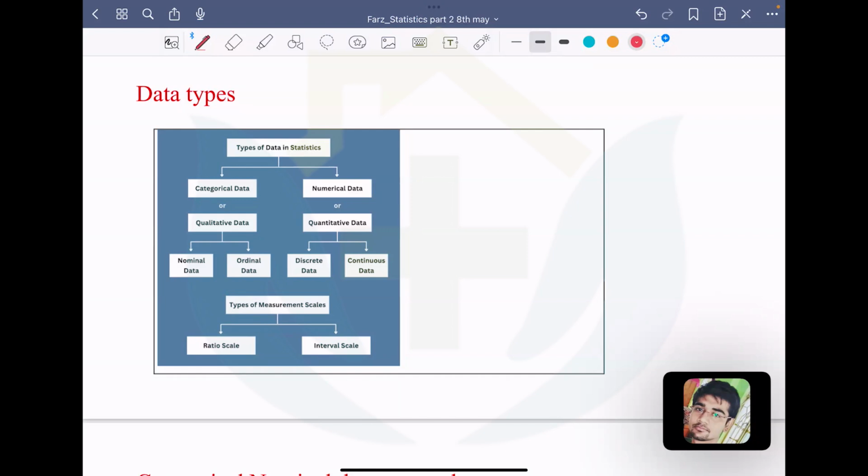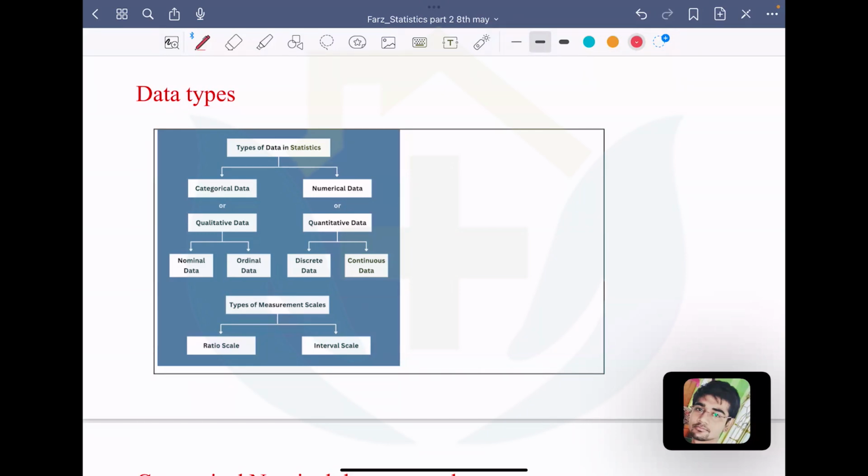For quantitative data, you are looking for the number per se. For example, you go to a class and you segregate the percentage of students above 150 centimeters and below 150 centimeters. You are looking at height, which is a number. So that becomes quantitative data. With discrete data, you can divide them into groups and then collect data.